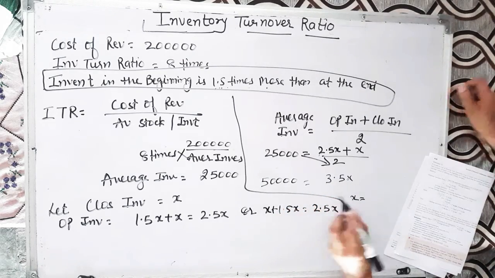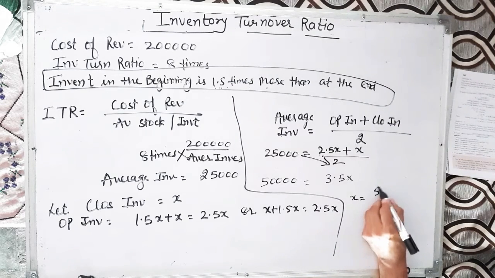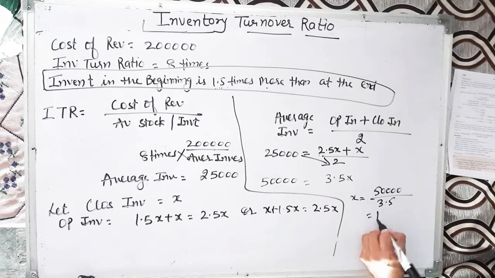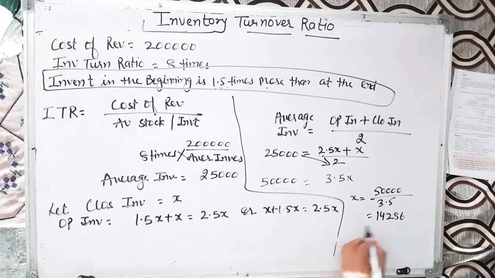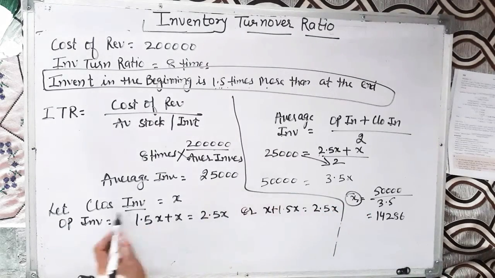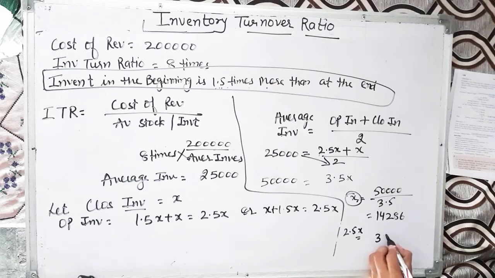X will be 50,000 divided by 3.5, which is equal to 14,286. And then closing is x, the closing inventory, and the opening will be 2.5x, that is equal to 35,715. Okay.